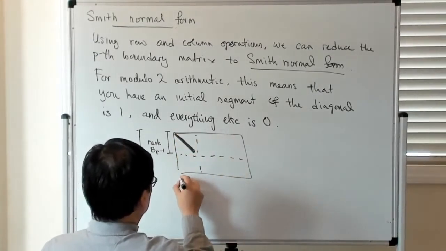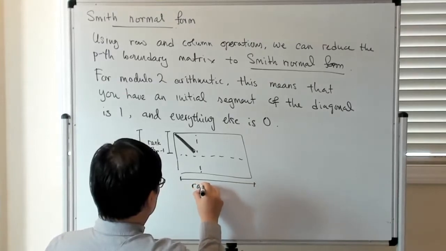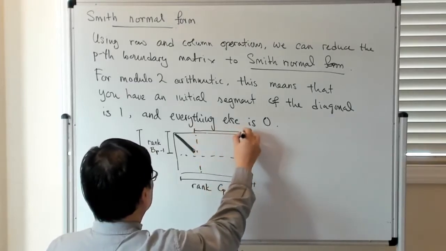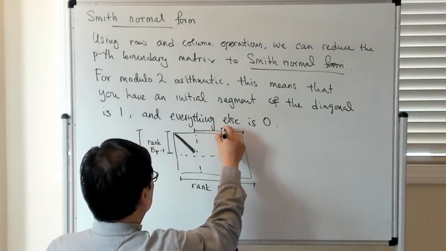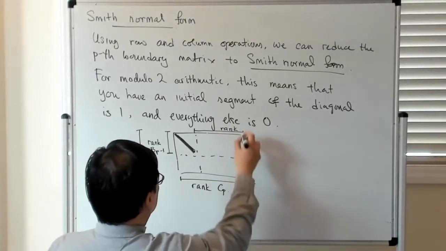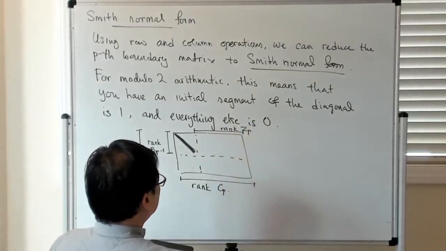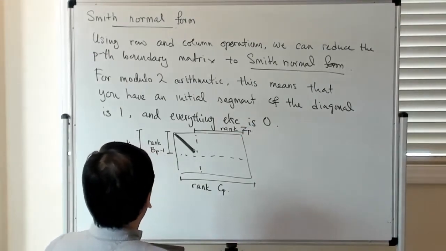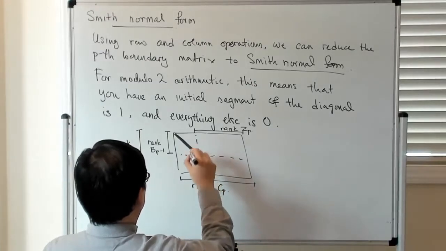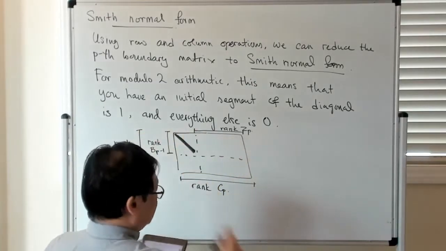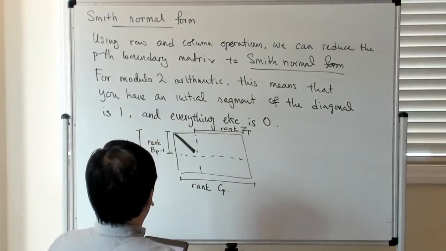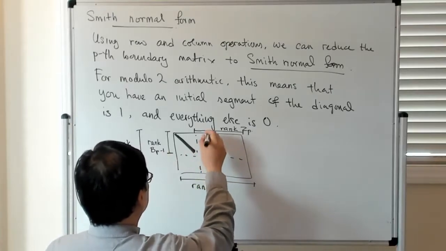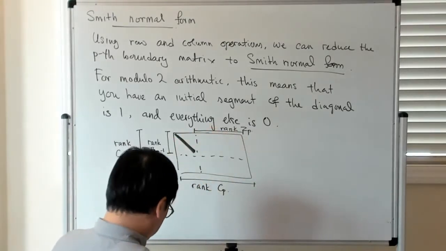Right, this is the rank of the chain group of dimension P. Right, and then this piece here is the rank of the cycles of dimension P. Okay, so cycles, if you recall, are the things which map to 0 under the boundary operator, right? And then the boundaries obviously are the things which are in the image of the boundary operator. Okay, so hopefully it's clear why that's the case.